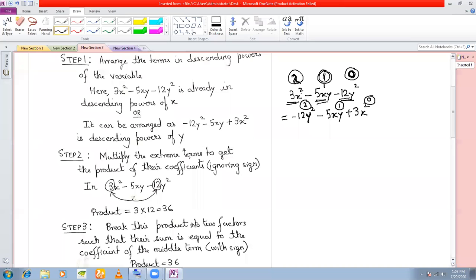For example, here I have written in descending powers of x starting from 2 to 1 to 0, and if I write it in descending powers of y, starting from 2, then the power of y is 1, and then the power of y is 0. These two are the distinguishing factors by which you can say that you can factorize the trinomial.